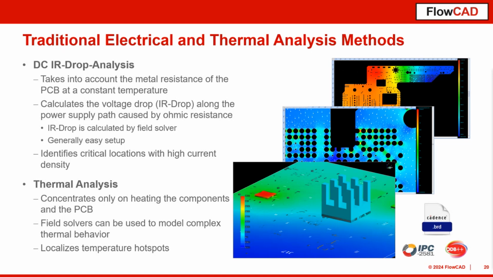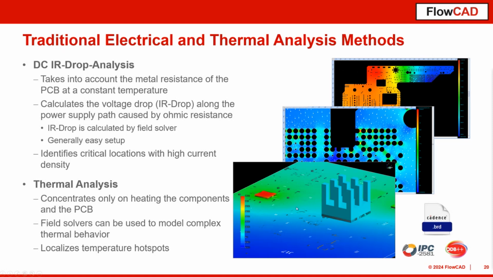In this case, we can use the so-called IR drop analysis to figure out issues that come across with current on PCBs that create voltage drops and also create high current consumption and high current densities on your PCBs.